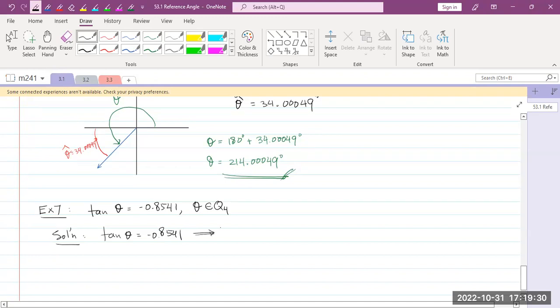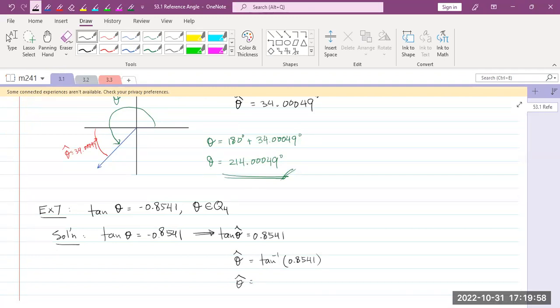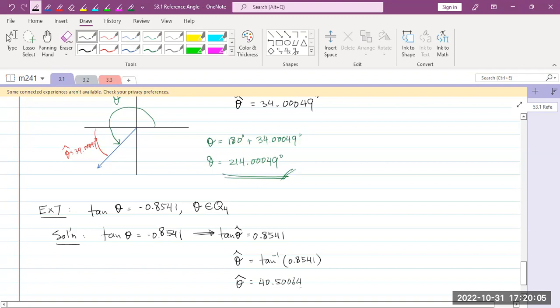The tangent of the reference angle has to be the positive value of that number. And the theta hat is an acute angle, so we can safely do tangent inverse. Using our calculator, tangent inverse of 0.8541, I get 40.50064 degrees.